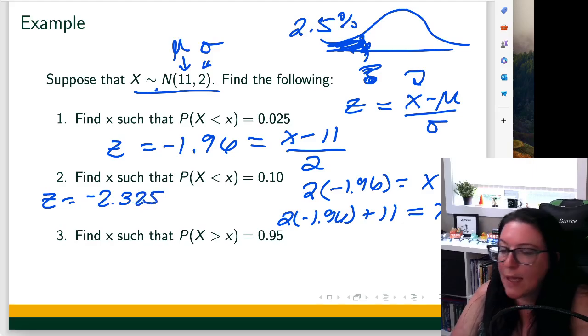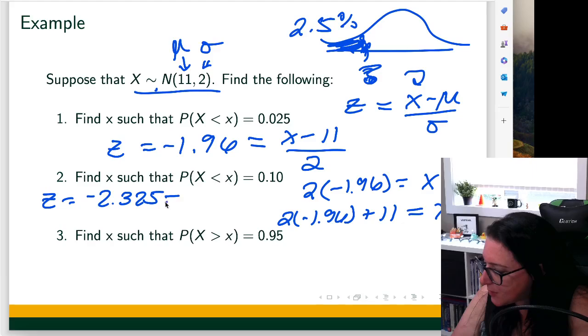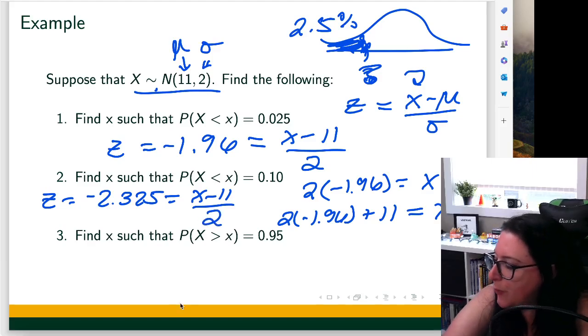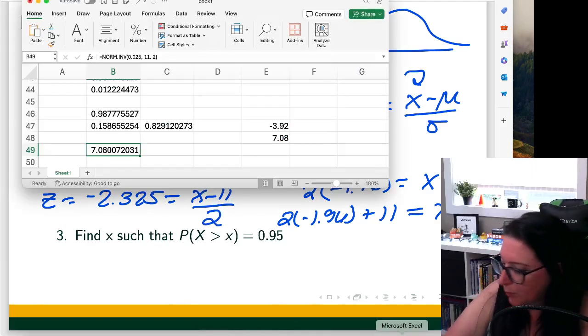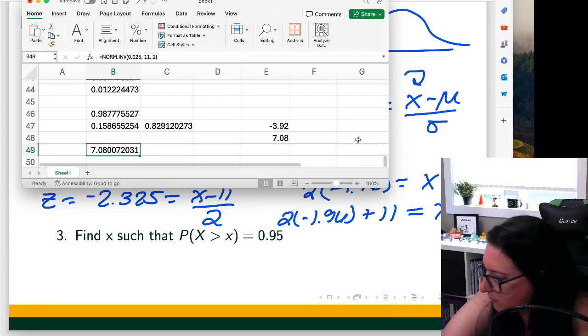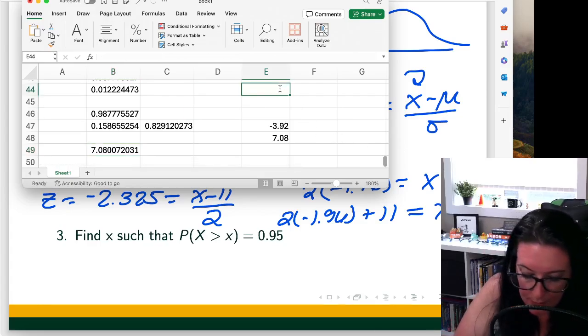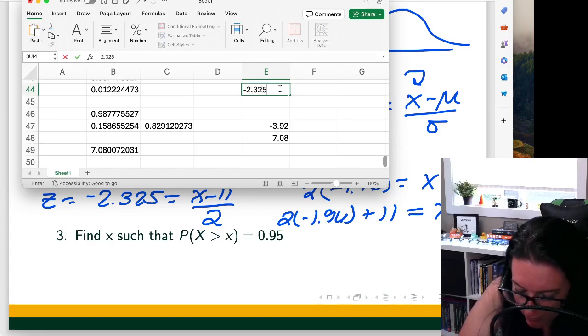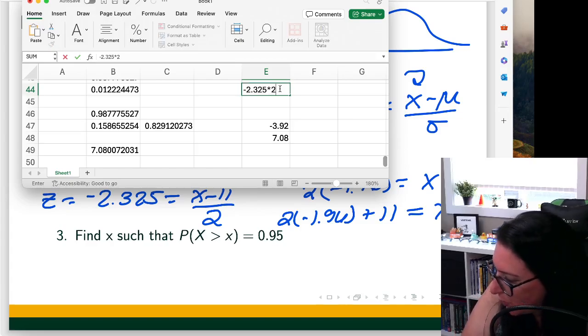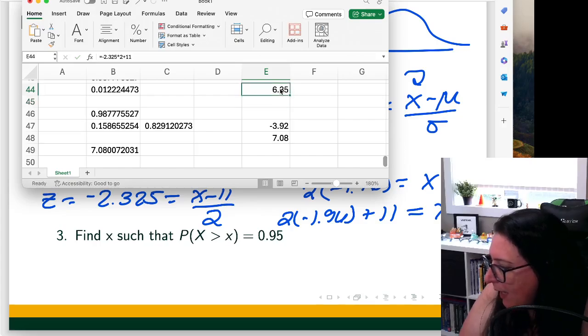Okay. Again, we're going to have to rearrange this. So we get this is equal to x minus 11 divided by 2. So to solve for this, we would do negative 2.325 times 2 plus 11. So it's the same rearrange. Once you do it once, you have it the same. And you get 6.35.